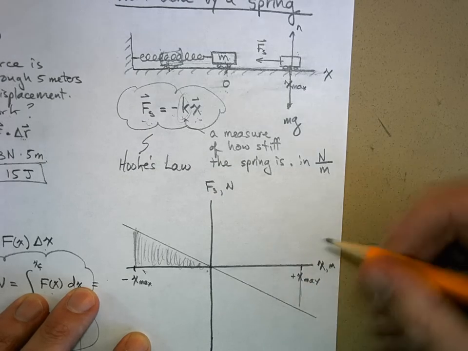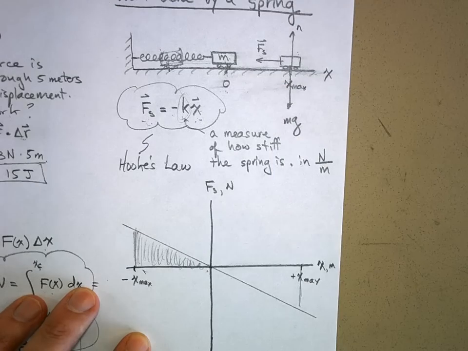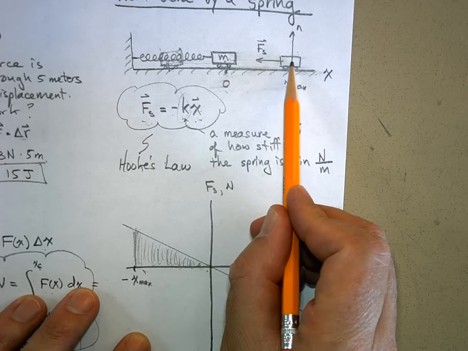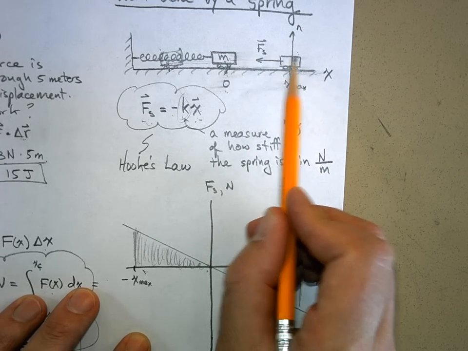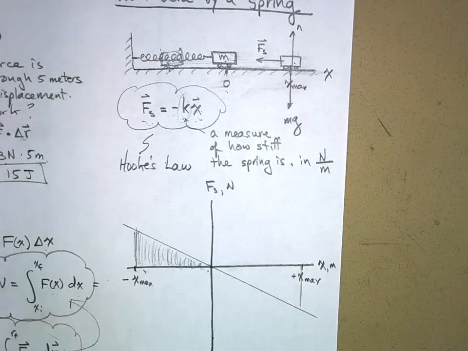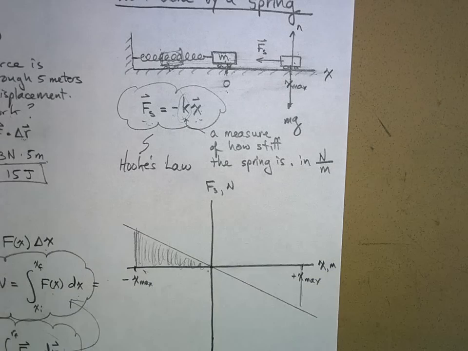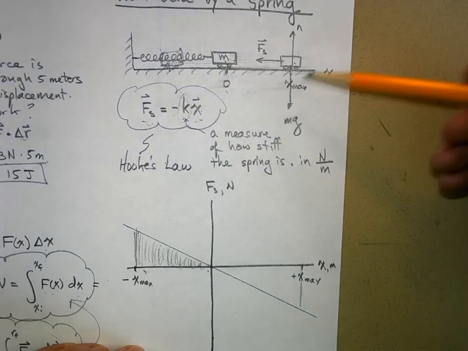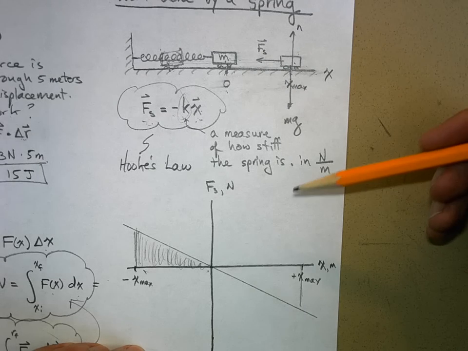The spring is going to do negative work because as this crate is displacing to the right, the displacement is to the right, but the force is to the left. When the force and displacement are in opposite directions, negative work is being done, which means that that force is trying to take energy away. Energy is being transferred out of the moving object. We're taking kinetic energy away from the crate and putting it back into the spring, is actually what we're doing.